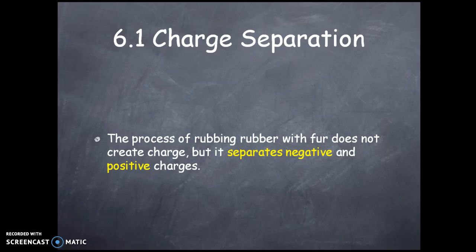The process of rubbing the rubber with the fur does not create any charge. The rubber rod earlier was a neutral material, but when it was rubbed against the fur, some of the charges from the rubber rod were transferred to the fur, or some of the charges from the fur were transferred to the rubber rod.